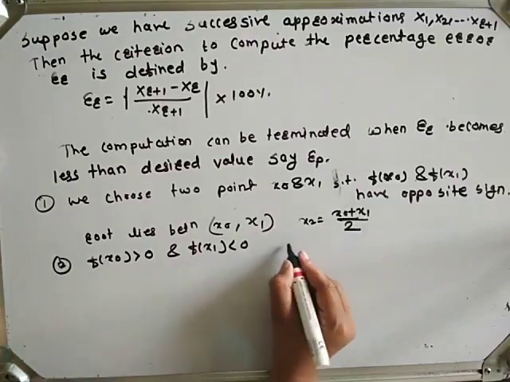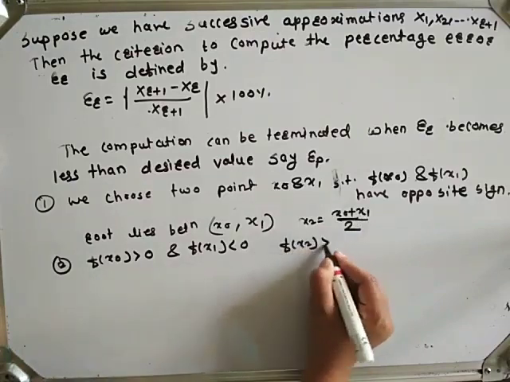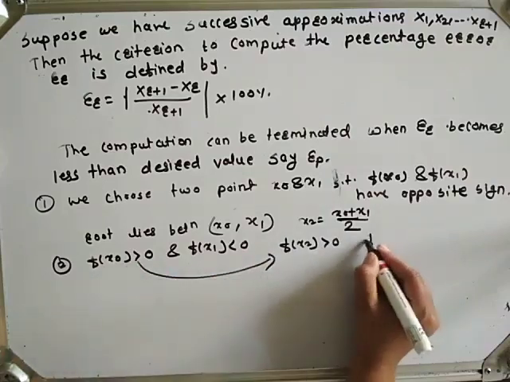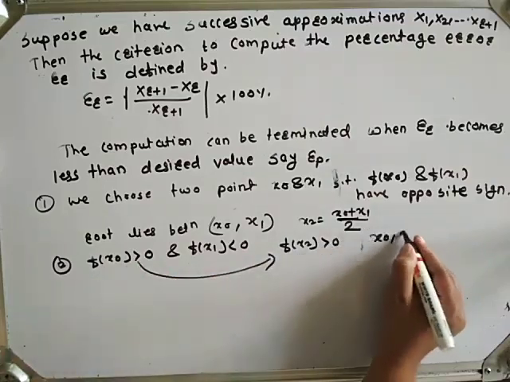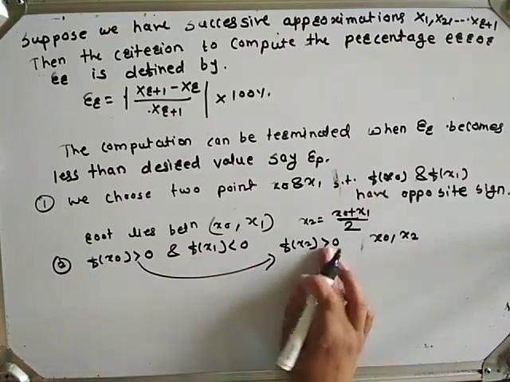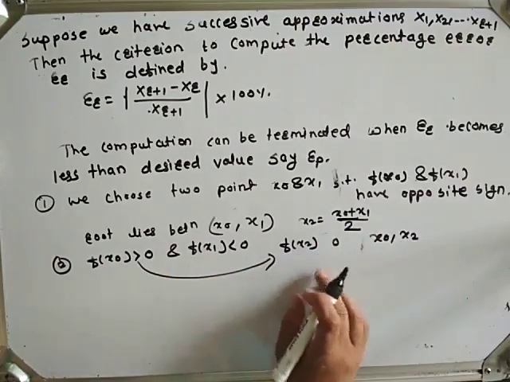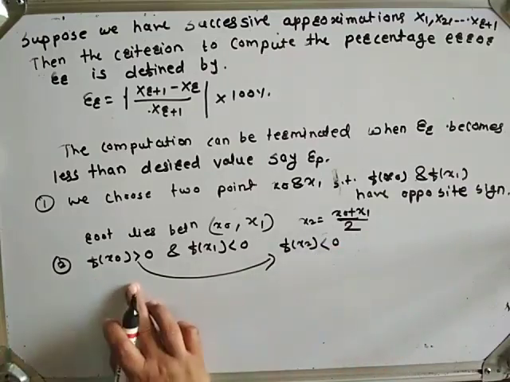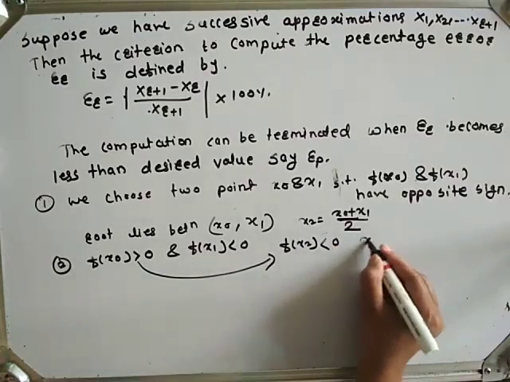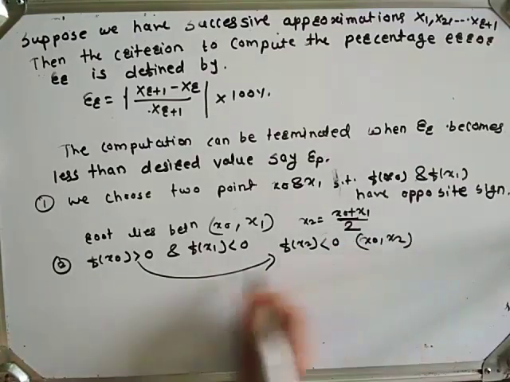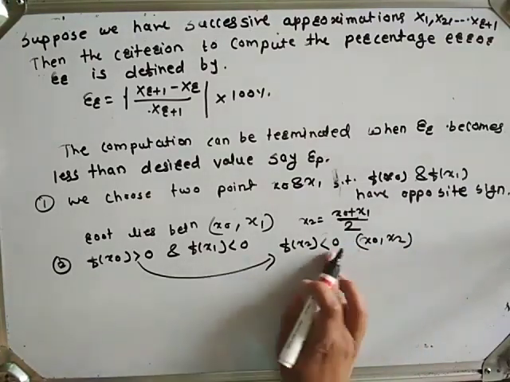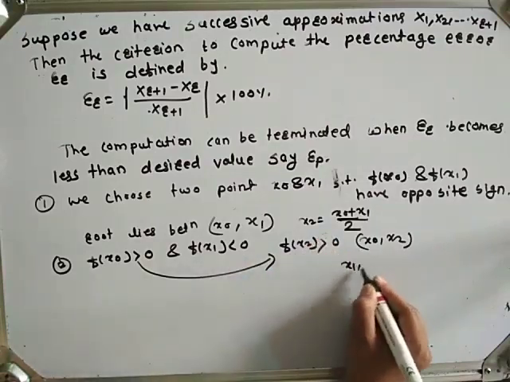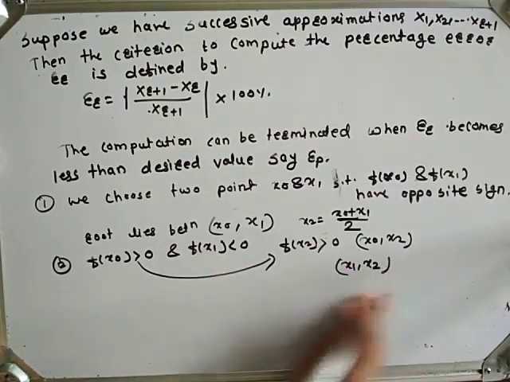Then if f of x2 is greater than 0, then the root lies between x0 and x2, and if f of x2 is less than 0, then the root lies between x1 and x2.